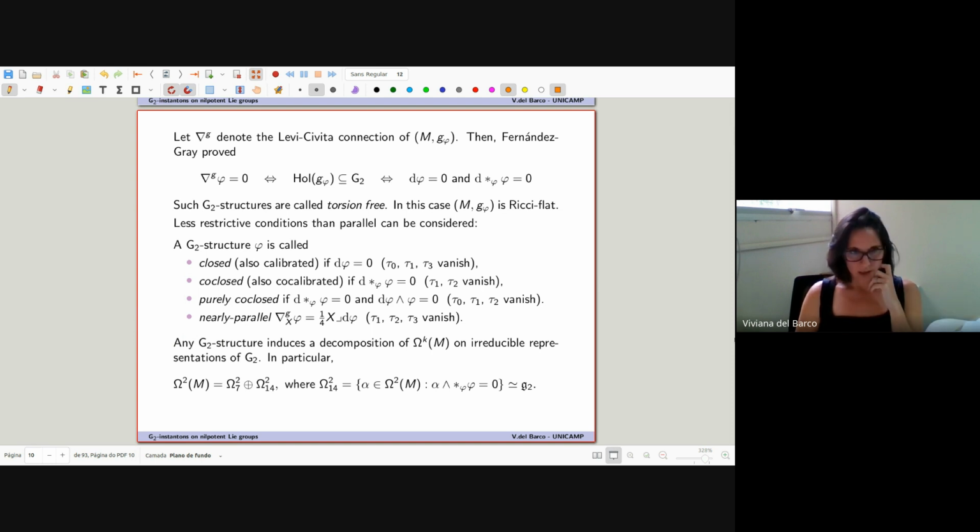And in particular, I will be interested mostly in the decomposition of the space of 2-forms on the manifold, which decomposes as a 7-dimensional summand and a 14-dimensional summand. And the 14-dimensional one is characterized by being the set of 2-forms whose wedge with the dual of the 3-form is 0. Okay, so this is the kernel of an operator, and actually is isomorphic to the Lie algebra G2.